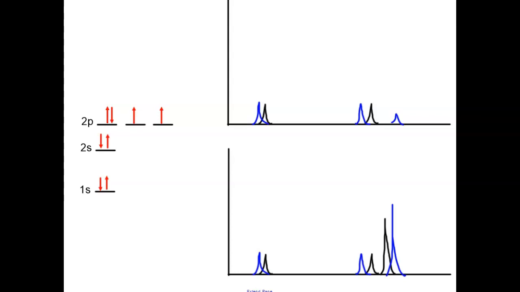So for the 1s and 2s, increasing nuclear charge increases the ionization energy. For the 2p, increasing electron-electron repulsion pushes that last peak towards lower ionization energy. So it is easier to ionize from oxygen than it is from nitrogen.